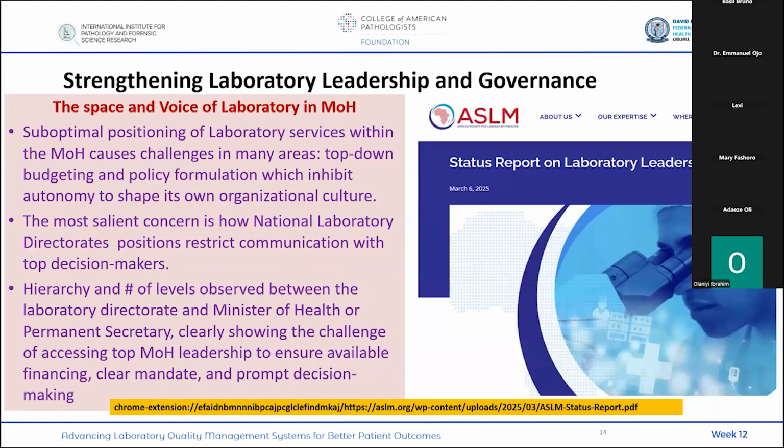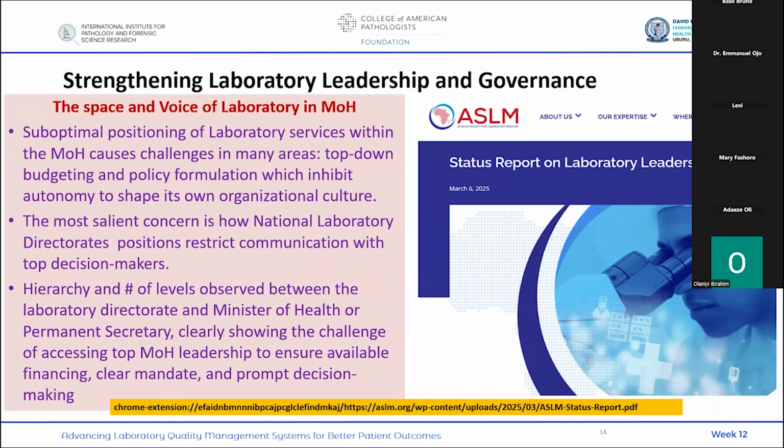So this, I think this should be about the last one on leadership and governance. Still talking about the report of ASLM. And here it's saying it identified that the space that the lab leadership occupies currently in Federal Ministry of Health inhibits autonomy, and it gives a kind of scenario where lab is not well represented.